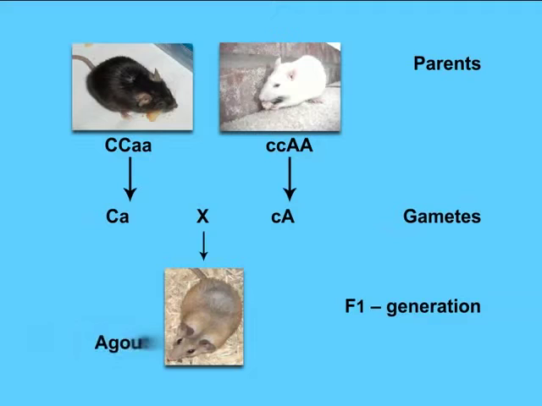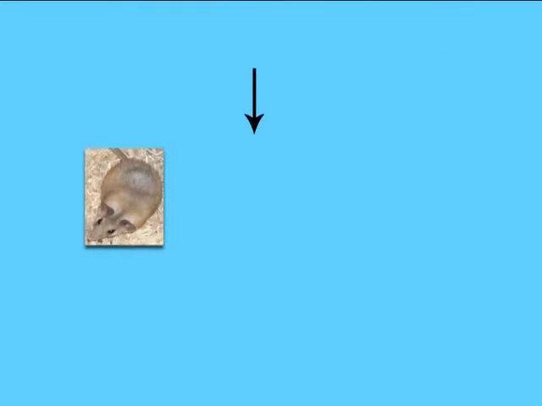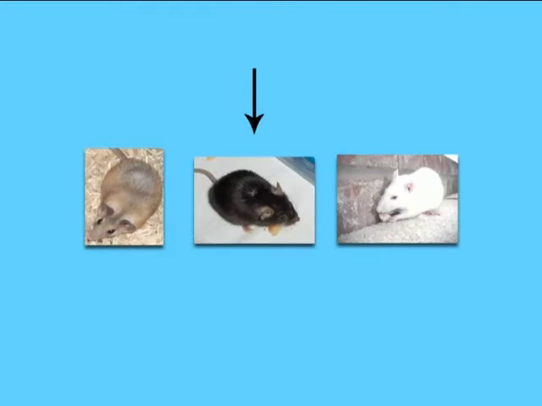Agouti color is produced by the presence of black pigment in the hair with a strip of yellow color below the tip. When a pure black mouse is crossed with a pure albino mouse, they produce agouti hybrids in the F1 generation. But when F1 hybrids are crossed, they produce agouti, black and albino animals in the ratio of 9:3:4.